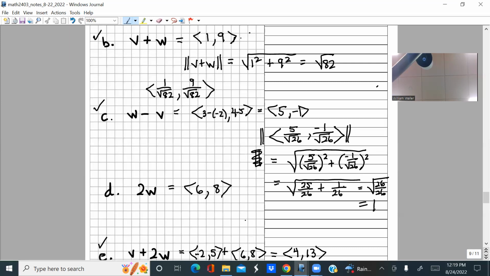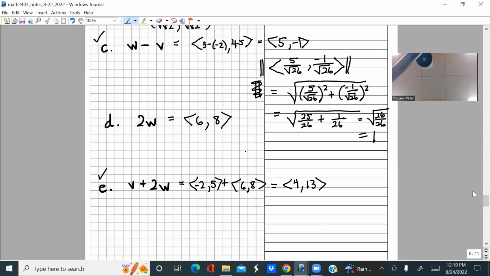So you see that it has magnitude 1. What about for this last one? What did that work out to be? 4 over, what was it, square root of 185 here, and then 13 over square root of 185, right?